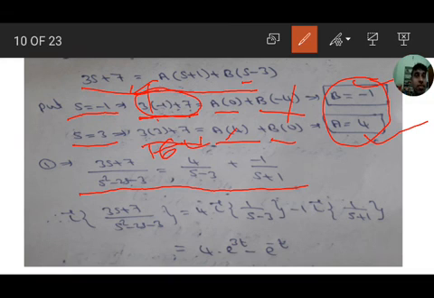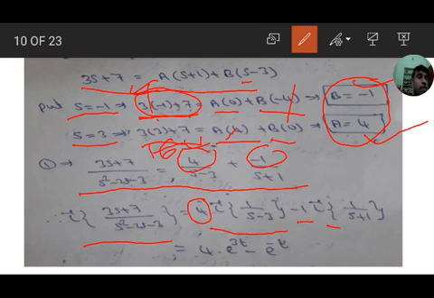And then its inverse Laplace transform, L inverse of (3s plus 7) by (s square minus 2s minus 3) equal to, by linearity property, 4 is the coefficient outside, L inverse of 1 by (s minus 3), and minus 1 is the coefficient outside, L inverse of 1 by (s plus 1). So the formula: L inverse of 1 by (s minus a) is e to the power of at.